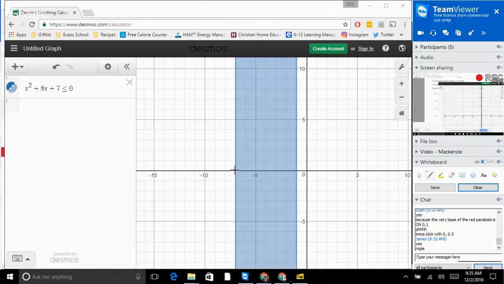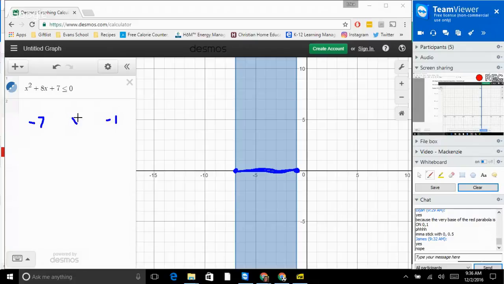So what x's make this equation true? If I were to graph this, it's going to be between x equals -7 and x equals -1, and all of these points in between make this equation true. So if I wanted to write that out algebraically, this is -7 and -1, right?